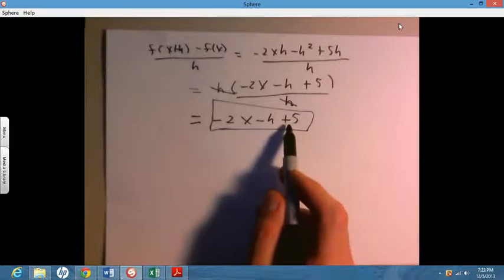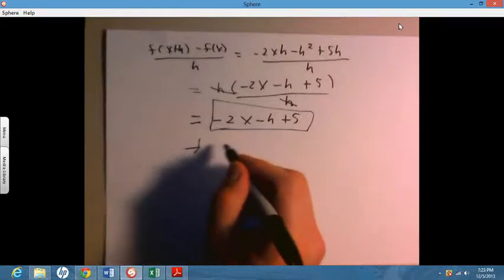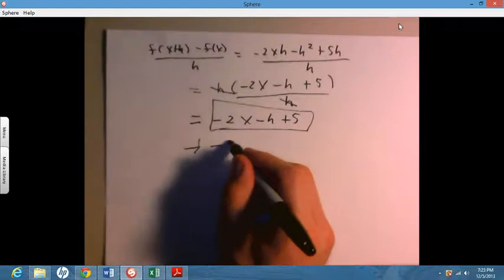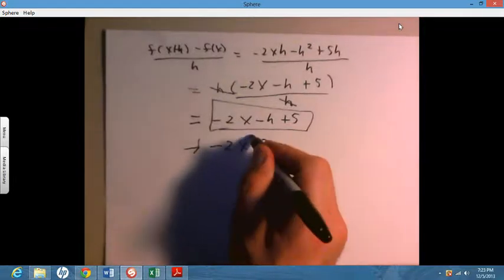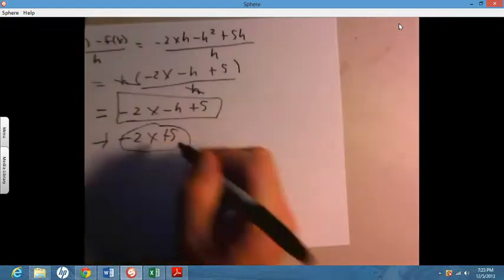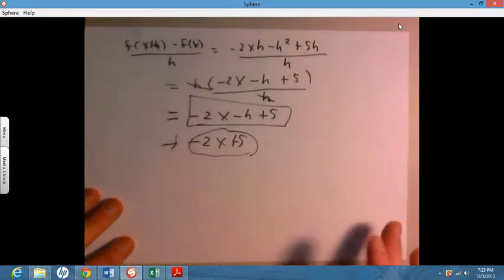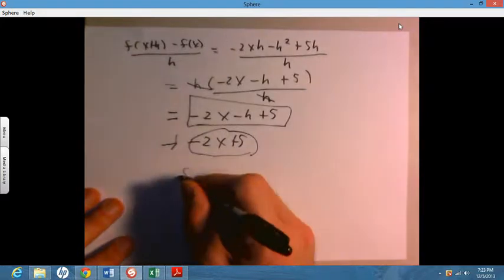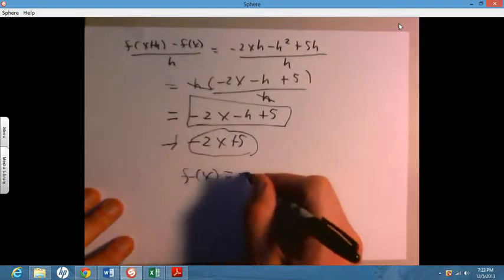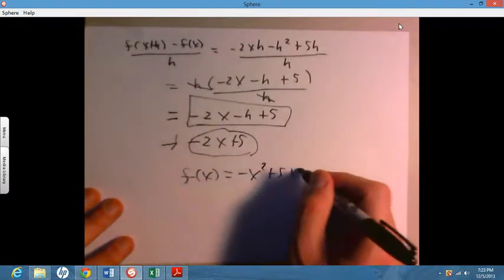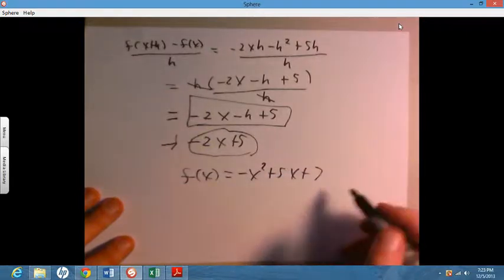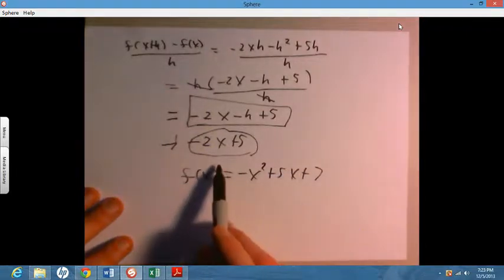Then we would say that this difference quotient approaches negative 2x plus 5. And that would be called the derivative of the function f of x equals negative x squared plus 5x plus 7. And this is a formula for finding the slope of a curve at a particular point.